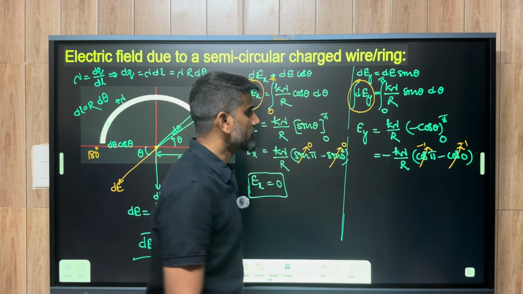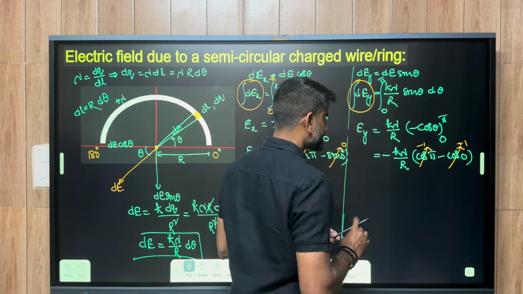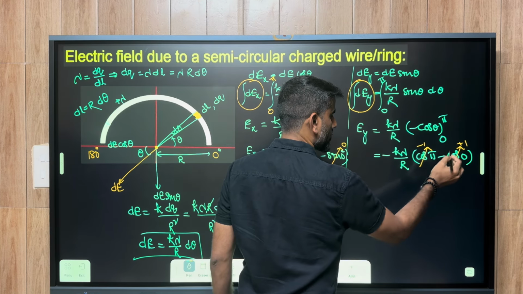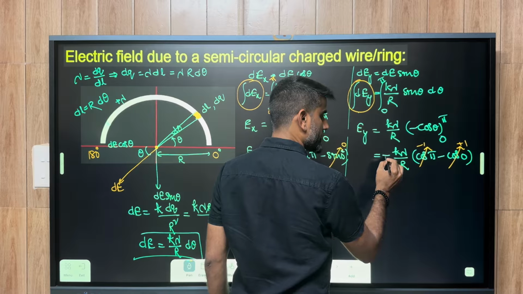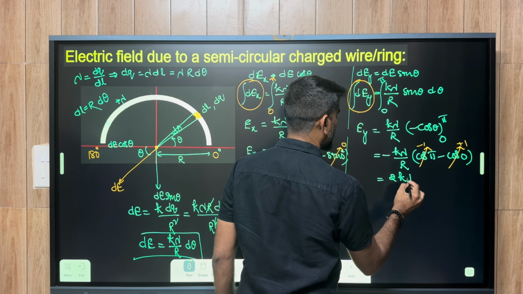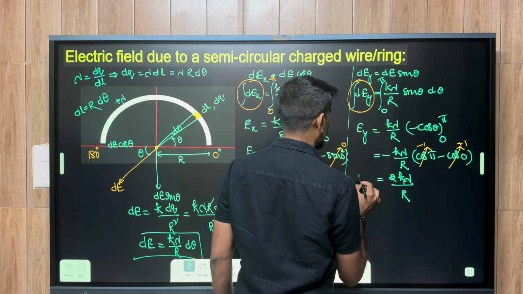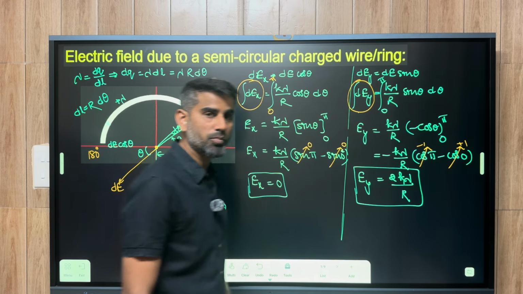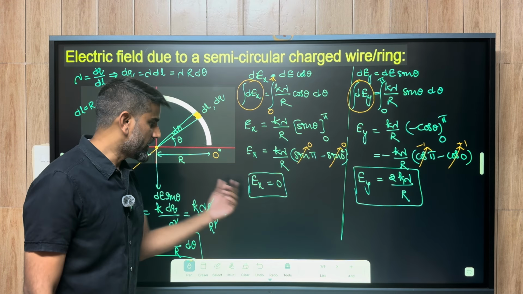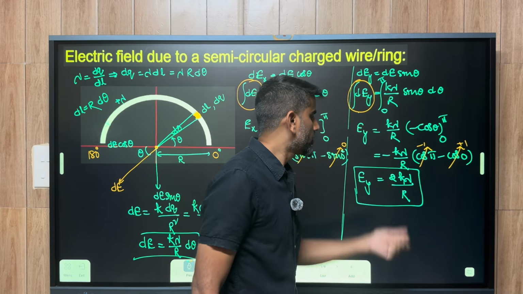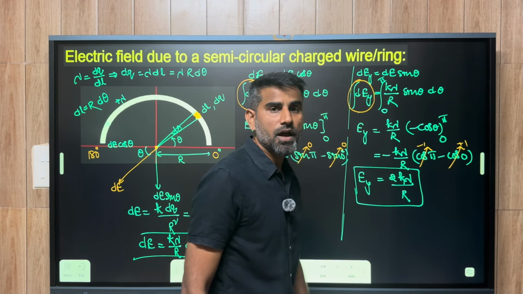So minus 1 minus 1 is minus 2, and minus times minus 2 is plus 2. So the y component of the electric field is 2k lambda by r, while the x component is 0.